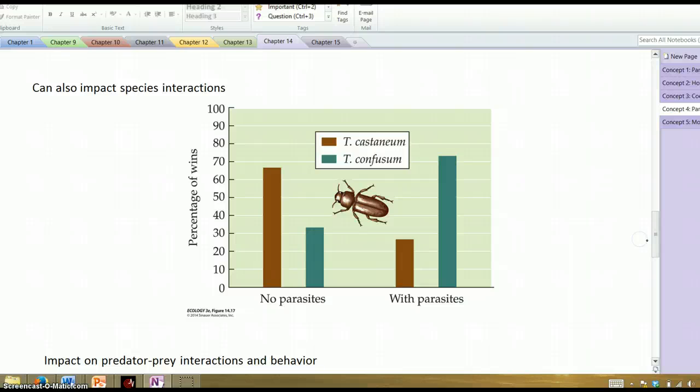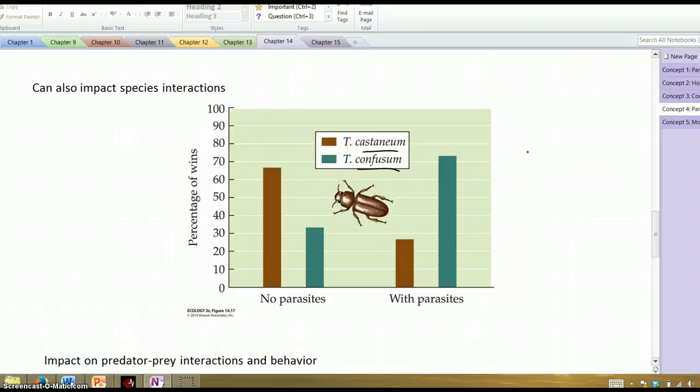Now, parasites can also influence the relationship between different hosts, and so this is the flower beetle, Tribolium castaneum and Tribolium confusum. So these are two competing species that feed on flour and other grains and such.